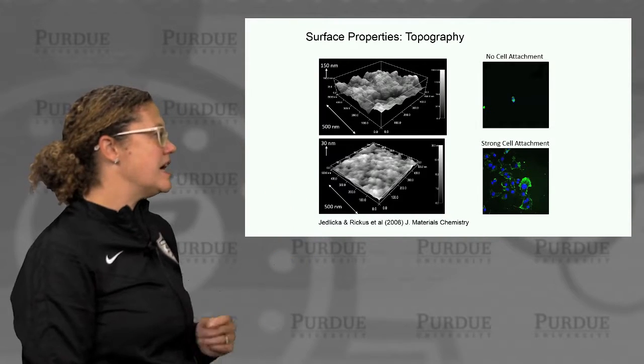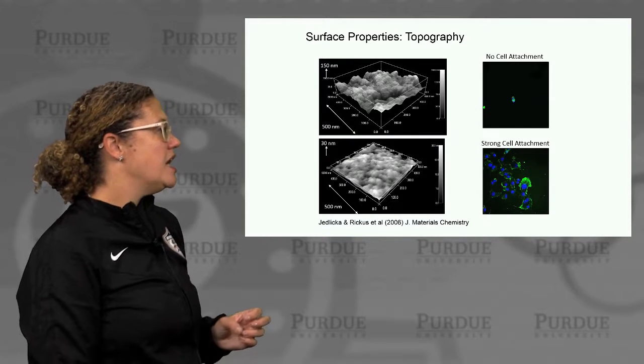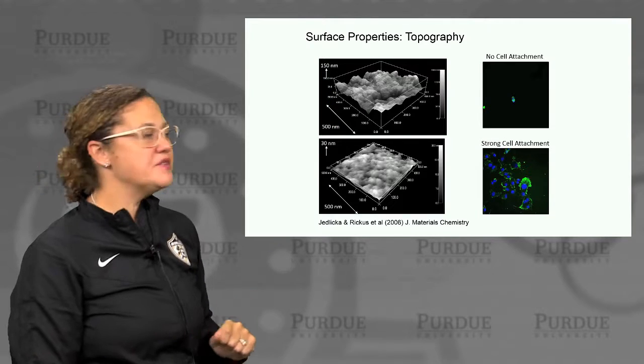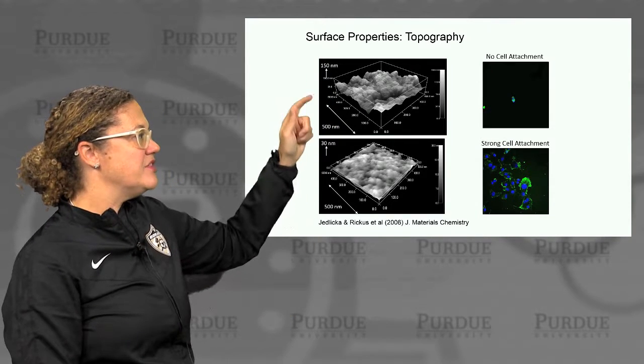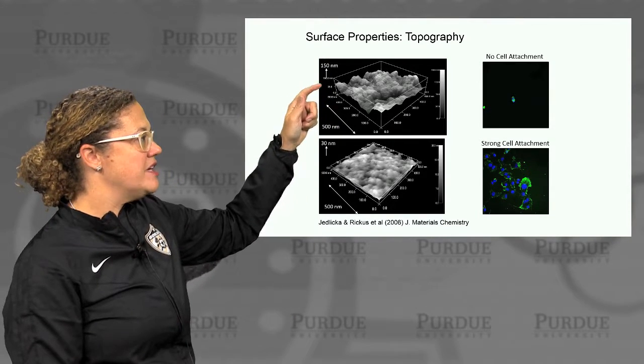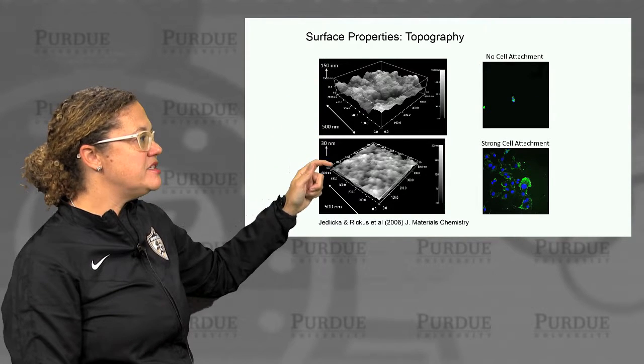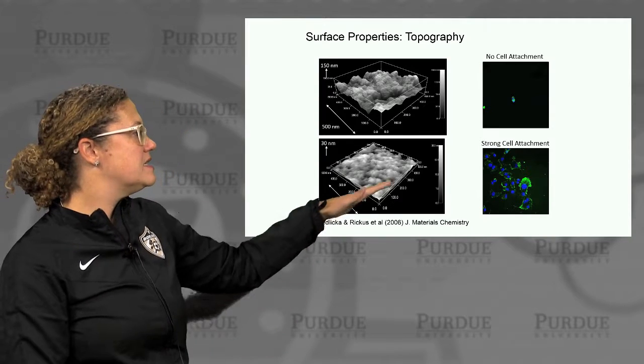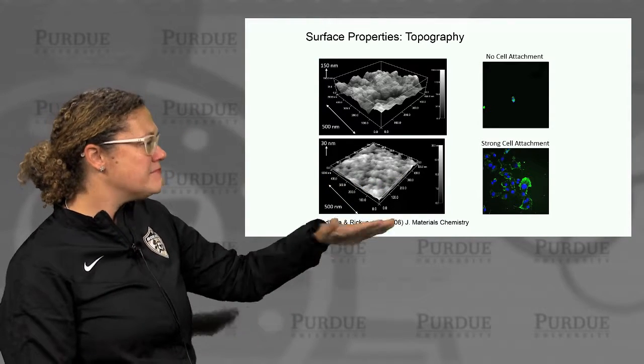And so here we see an atomic force microscope image of these two materials, one that's very rough on the nanoscale, and notice these axes even are different. So this axis here is about 150 nanometers, whereas this material is very, very smooth, with sub 30 nanometer surface features.